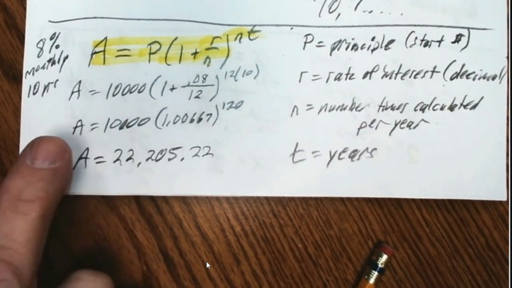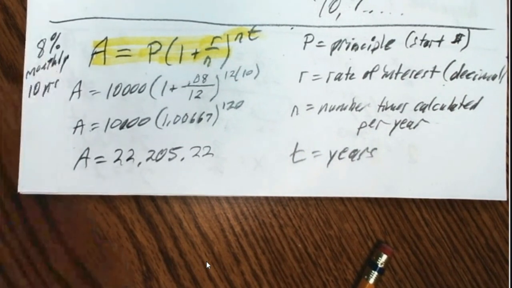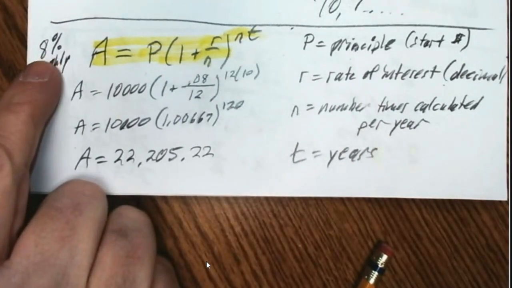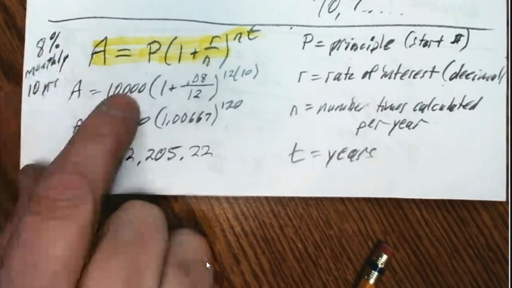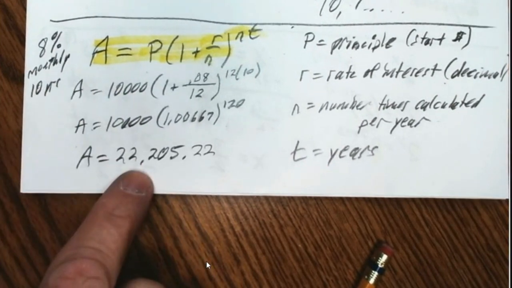So in your average retirement account, if you have a good investment guy, he should make at least 8% on average. Some months you're not going to make any money because the stock market goes down, but other months you're going to make 20% because the stock market is going to jump up. So on average, if you make 8% a year, if you put $10,000 in retirement, 10 years from now, it should be more than double.